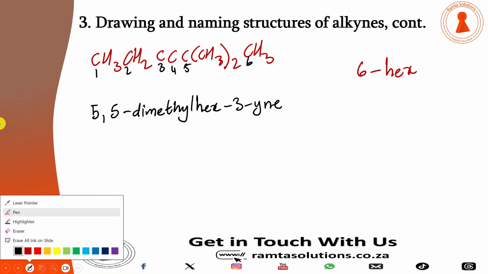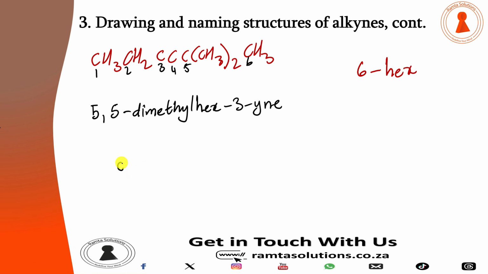Now let's draw it. When we draw it, we will say first carbon, we have 3 hydrogens. Second carbon, you have 2 hydrogens. Third carbon, you don't have hydrogens, you must be a triple bond. So fourth, you don't have a hydrogen. Fifth, you don't have hydrogen, you have alkyl substituents.